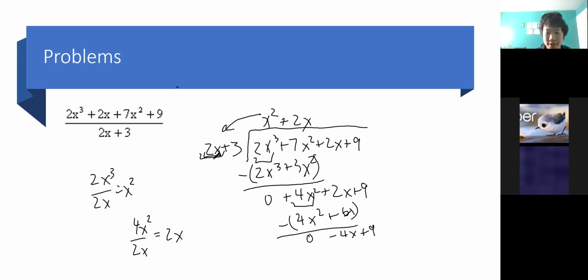How many 2x's can fit into negative 4x? That's basically what it's asking: if we do this, what do we get? Negative 2. Now let's multiply. Put it down below to get subtracted. Minus 2x minus 6 minus 4x.